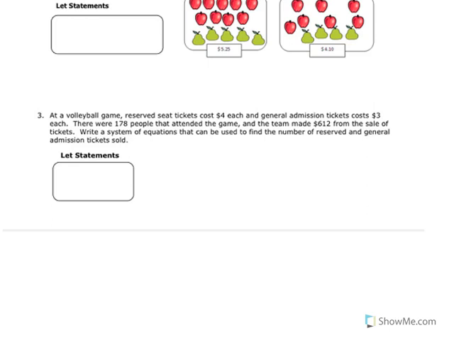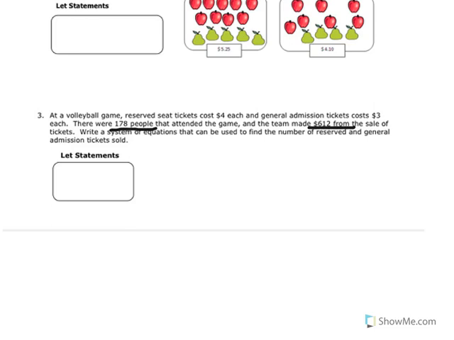Then the question tells us about the number of people that came and the amount of money that they made from the tickets. So we're going to do our let statements, and then we're going to write two different types of equations. One that deals with the number of people and one that deals with the money.